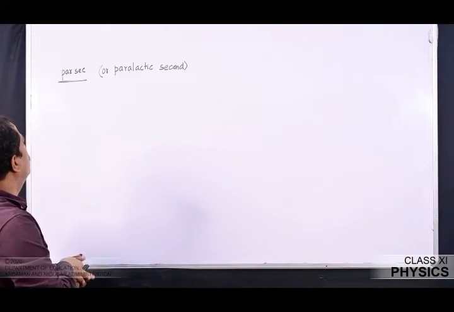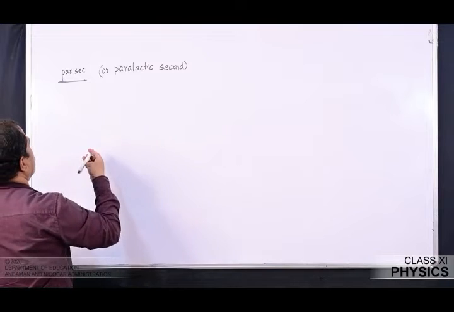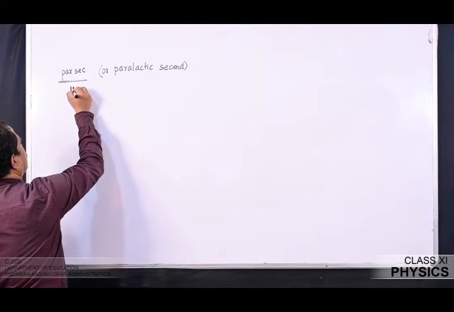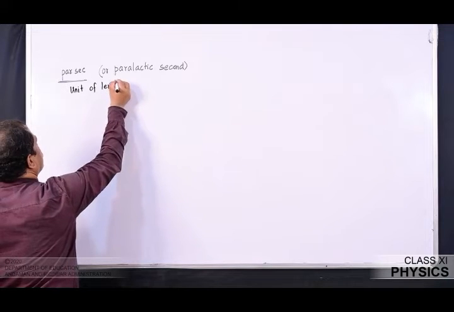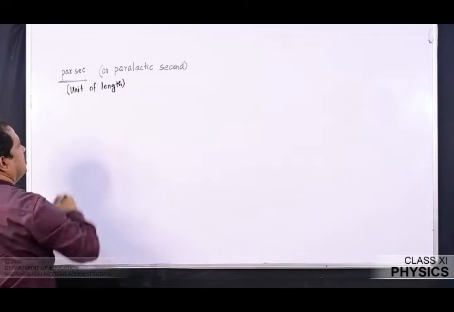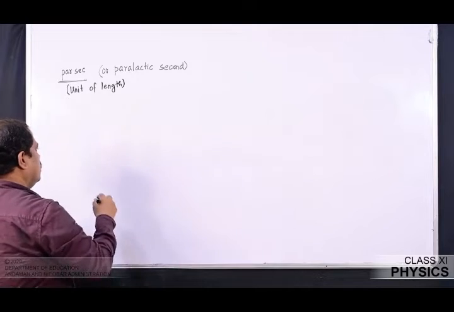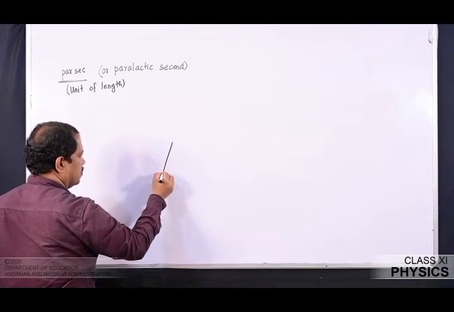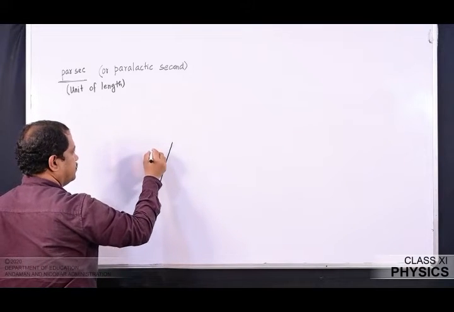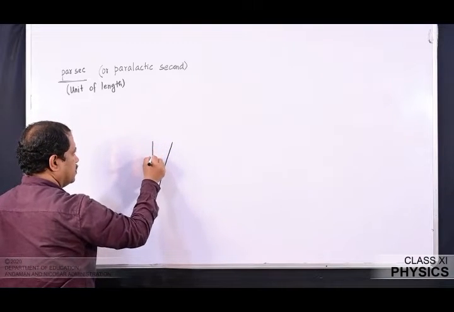Now, what is this unit for? This is the unit of length. Now we need to understand what it is. Now let me suppose this is a line and this is another line.